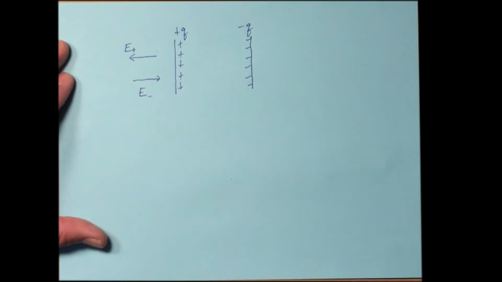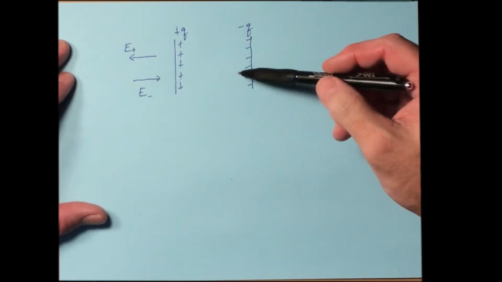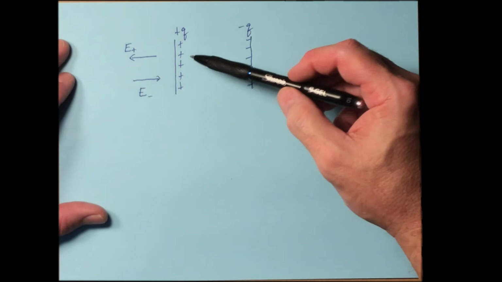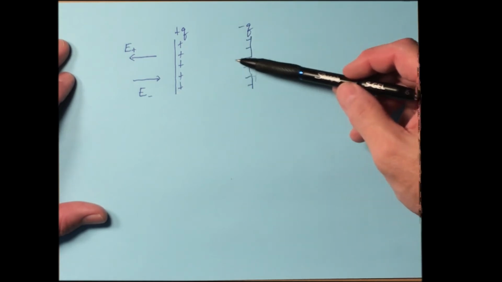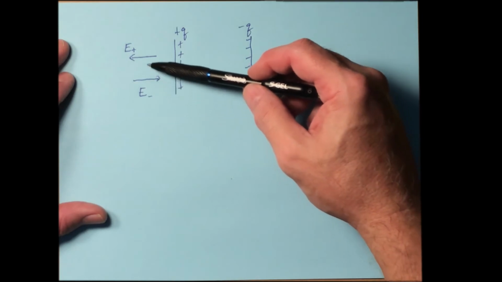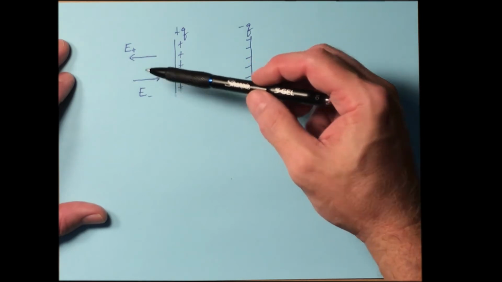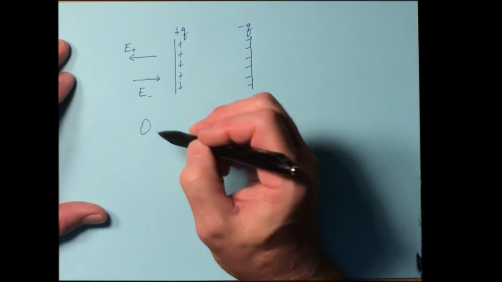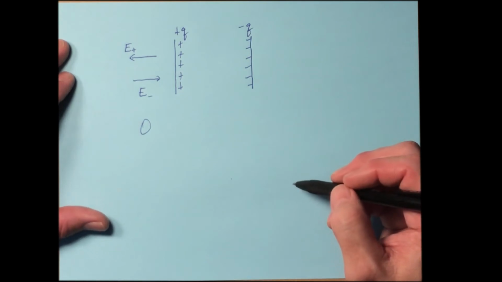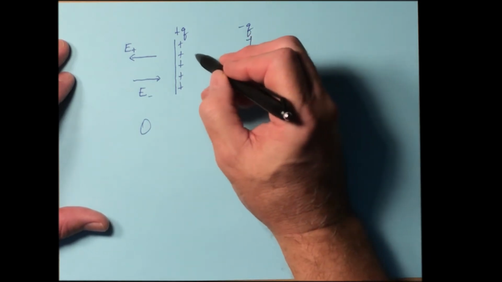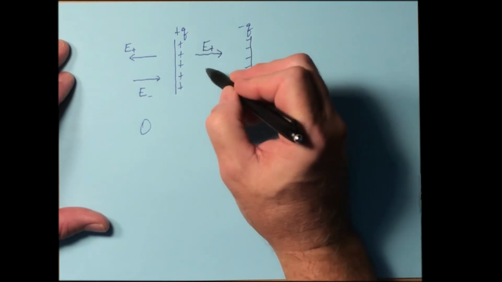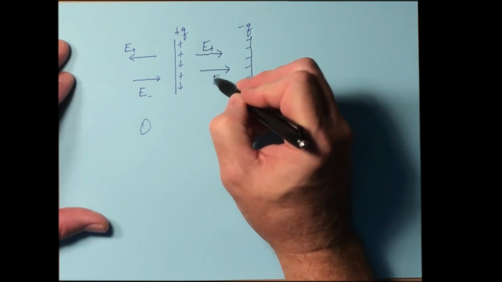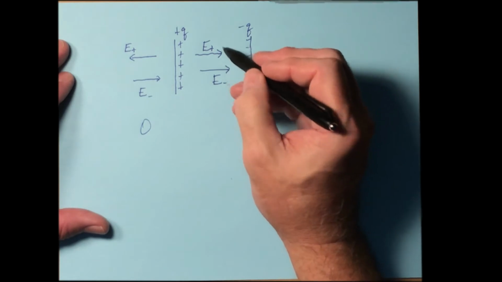points in that direction. Now, if these are very large, or we are very close to the center of a real case where the electric field is constant, then those two are going to cancel each other. So the net electric field outside here is 0. In the central region, though, the electric field for the positive points that way, the electric field for the negative points that way, so these are going to add together.